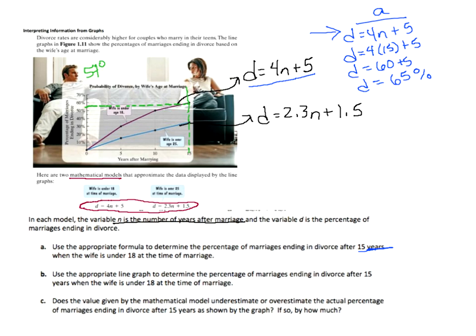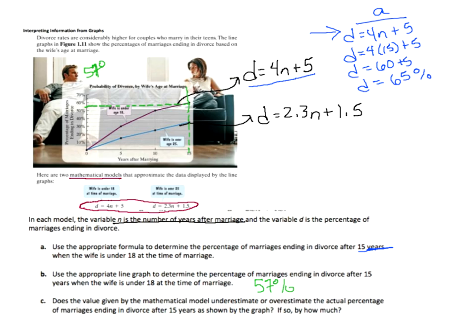And you can be within a few degrees here and there because we're eyeballing this. We're eyeballing it from the graph. So my graph tells me that about 57% end in divorce after 15 years of marriage if the girl was less than 18 when they got married.